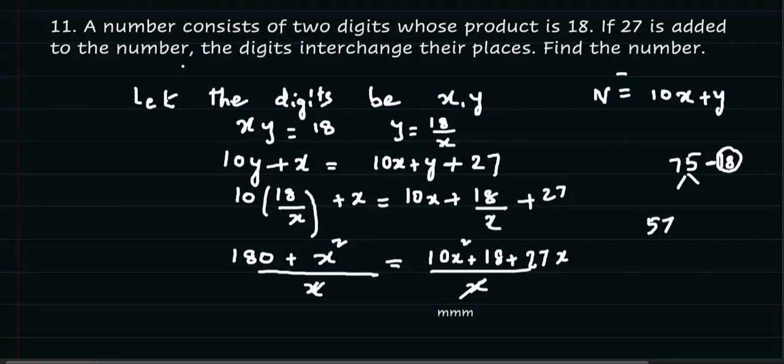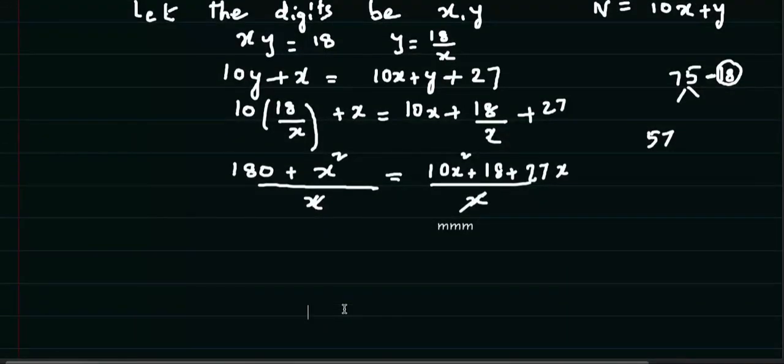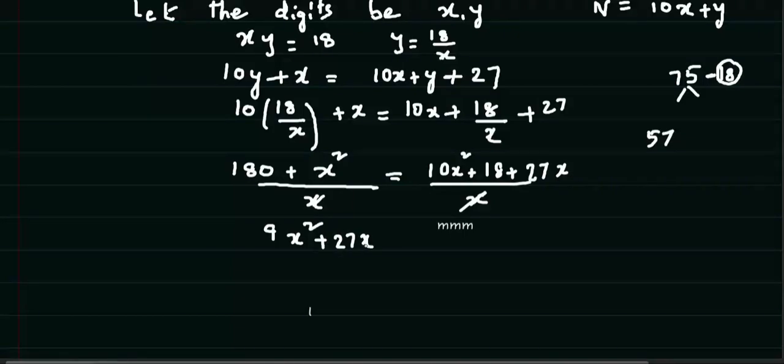Then everything comes on one side, the right hand side, which is 9x square plus 27x, 180 minus 18, that will be 162, equal to 0.